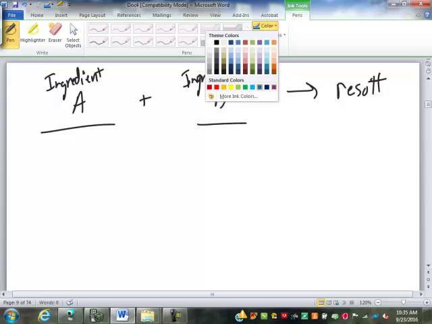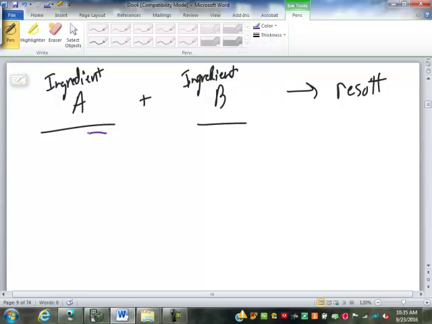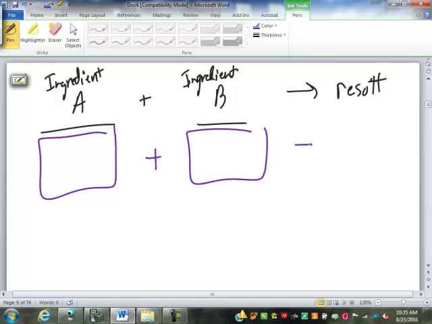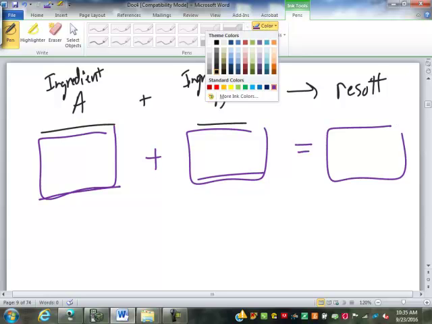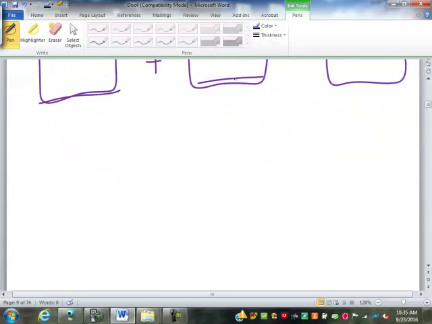And remember, the amount of medicine or active ingredient has to be conserved. So what we have for ingredient A plus ingredient B has to equal the total amount of that medication or active ingredient in our result.